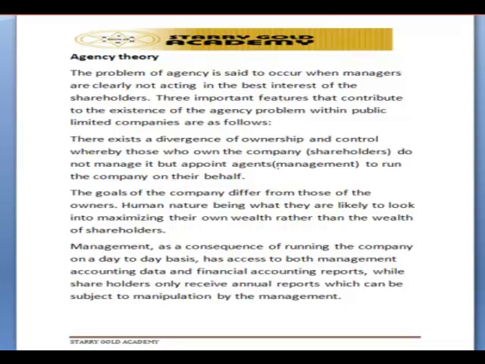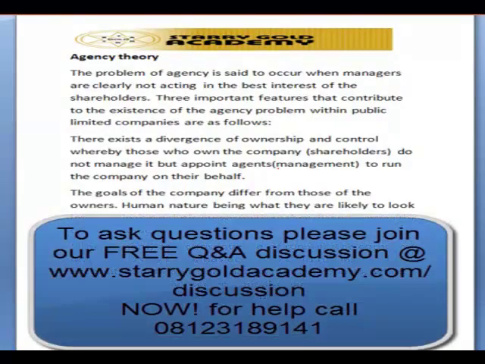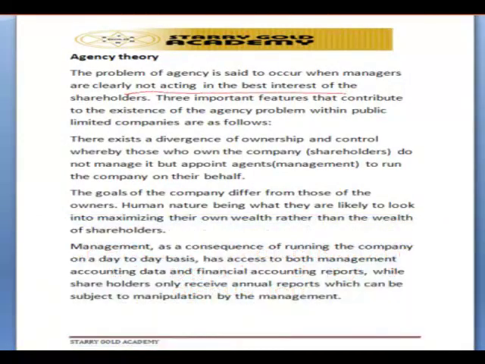And the problem is that managers, in most cases, don't act in the best interest of the company or the shareholders. And three important characteristics contribute to the existence of the agency problem.